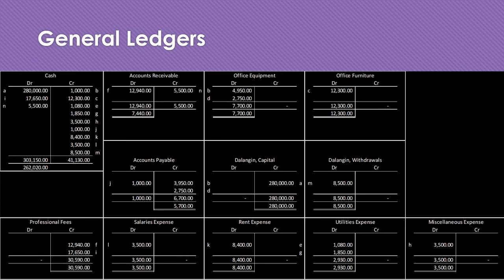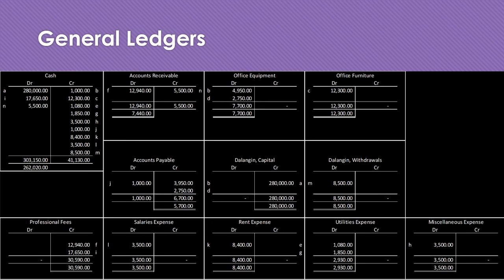Then your cash, you credit 1,000, and then you credit accounts payable 3,950. Okay, so yan siya. Ganyan mag-post. Kung ano lang yung debit, ilagay mo sa debit ng account na yon. Ano yung credit, ilagay mo siya sa credit side. Okay, so debit, credit, debit, credit. And then, you will get kung alin yung mas malaki.